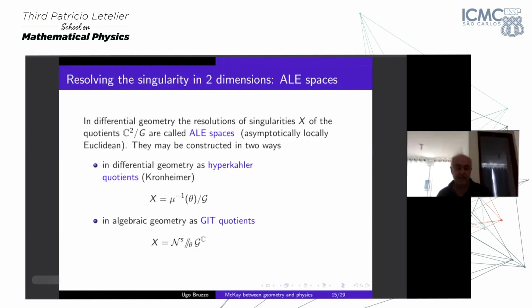And let me start again in two dimensions, where the resolution singularities of the quotient C2 mod G, and again we should stress that G is a finite subgroup of SL2C, okay, SL2C. These are called ALE spaces, where this acronym means asymptotically locally Euclidean. The reason of this terminology is that these spaces come with the hyperkähler metric, which has an asymptotic structure at infinity. It approaches the Euclidean metric with a well-defined asymptotic behavior.